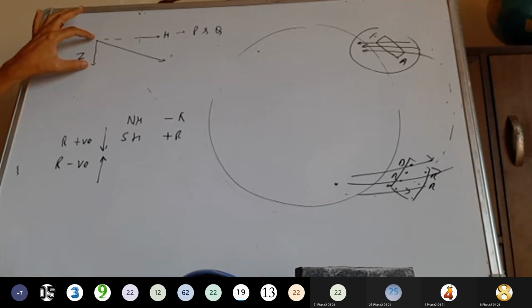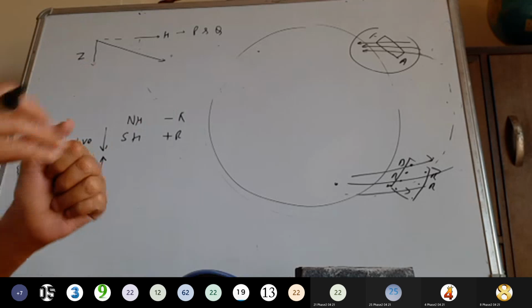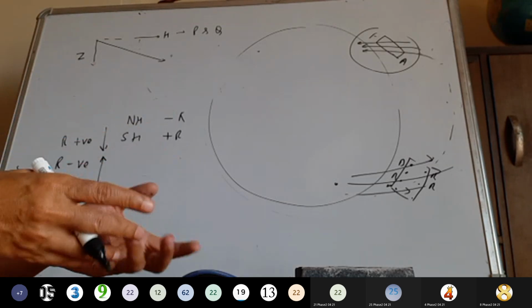So it is basically the vertical component, Z, which is responsible for force R. So what is the inducing field for R? It is Z.